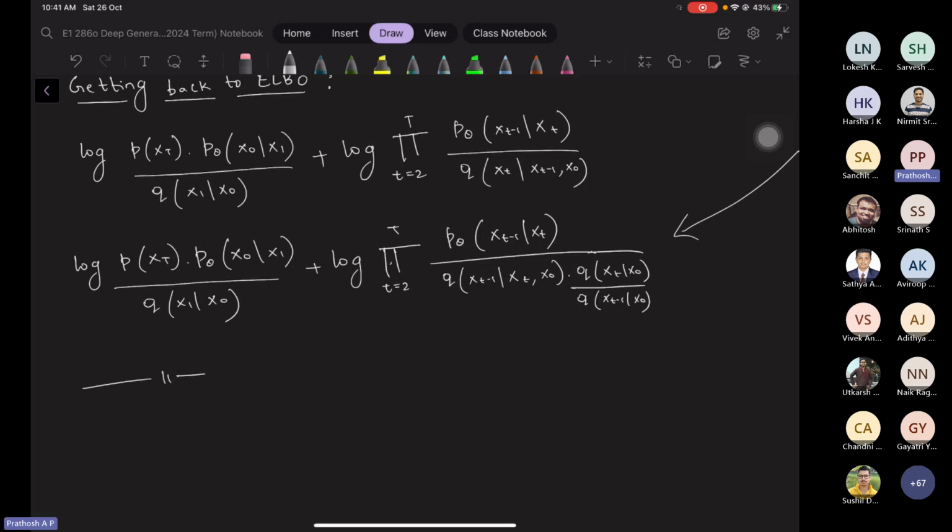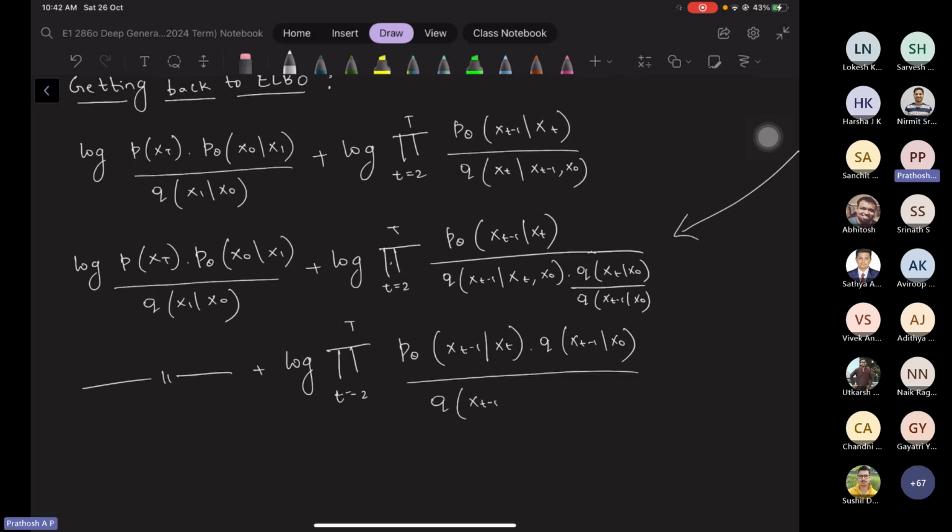Again, let me write this, plus log of the product from t equal to 2 to capital T of p theta of xt minus 1 given xt, times the term that comes up from the denominator: q of xt minus 1 given x naught divided by q of xt minus 1 given xt and x naught times q of xt given x naught, correct?